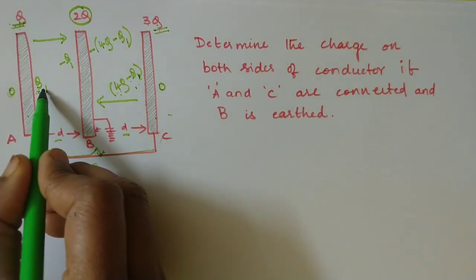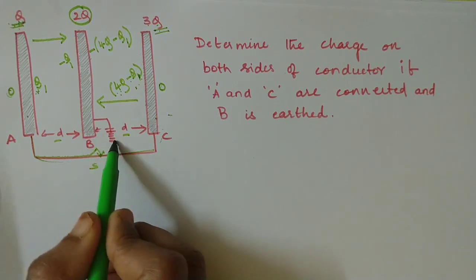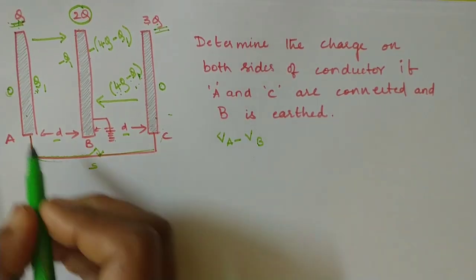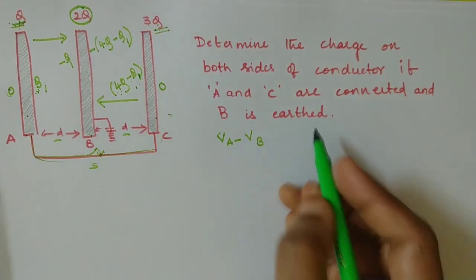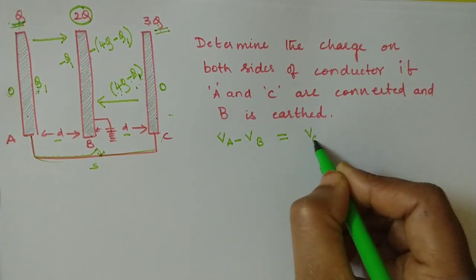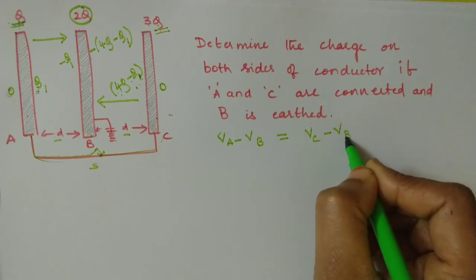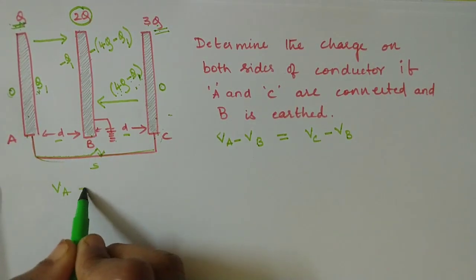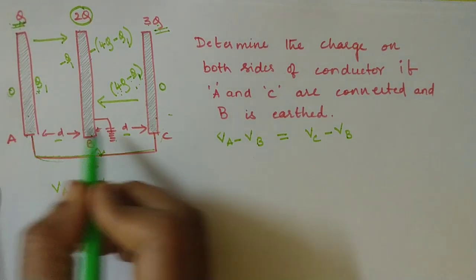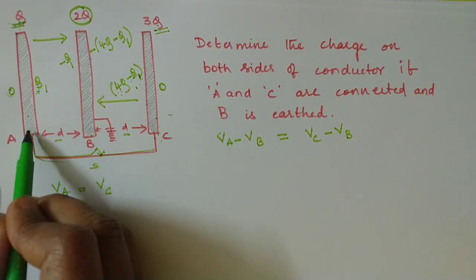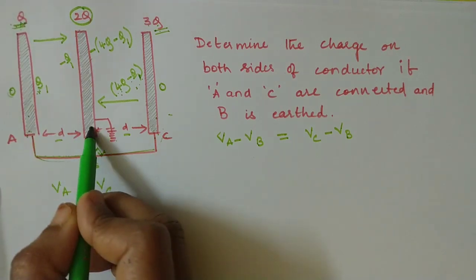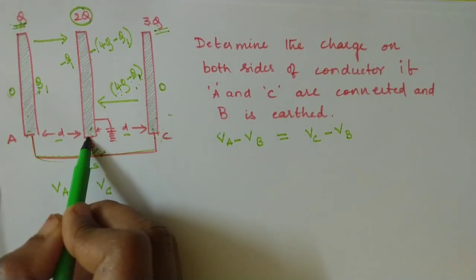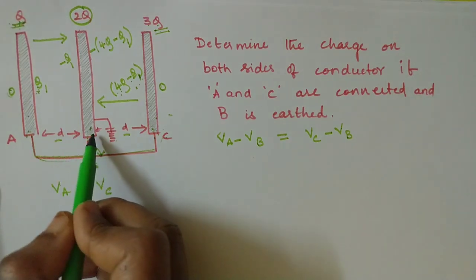Now to get the value of Q1, since B is earth, VA minus VB, that means when you move from A to B, should be equal to VC minus VB, since A and C are at same potential. As we have connected them, these two are at same potential. So the potential difference between A and B should be equal to the potential difference between C and B. Now how do we write the potential difference?